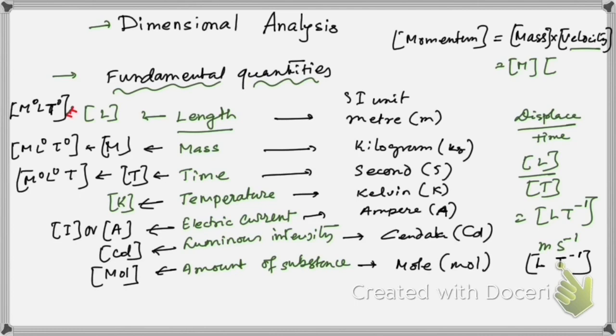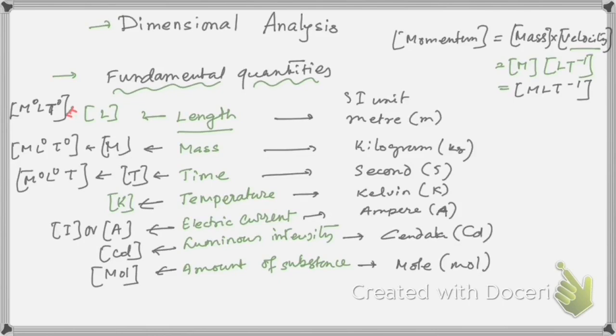So we got the dimensional formulas of mass and velocity, M and L T to the power minus 1. Combining these two, we can write the dimensional formula of momentum as M L T to the power minus 1, right? Hope you have understood how to write the dimensional formula of any physical quantity. Now suppose you need to find the dimensional formula of acceleration.